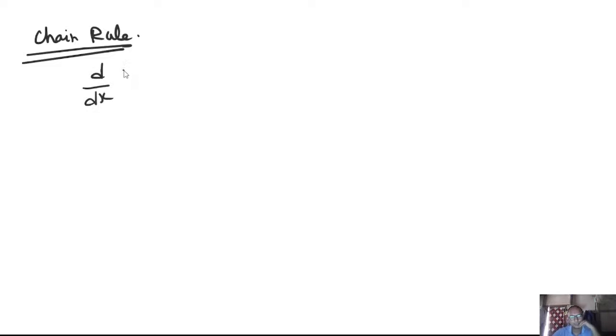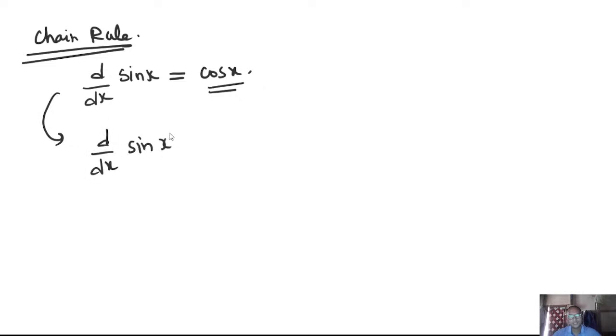Let's say d by dx of sin x gives cos x. Now from here, if I want to find the differentiation of sin of x cube, here we use the chain rule.